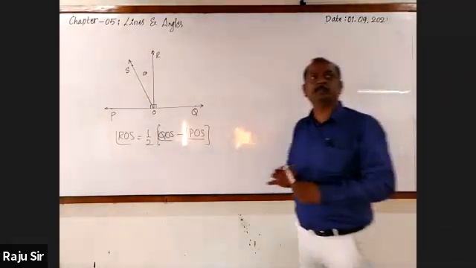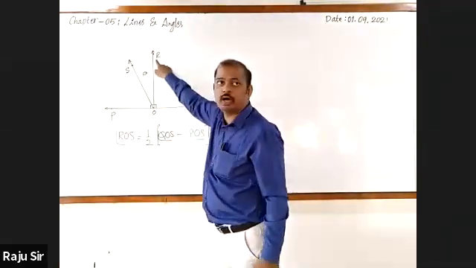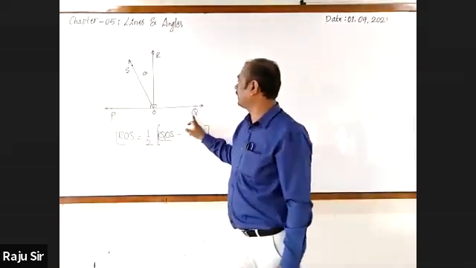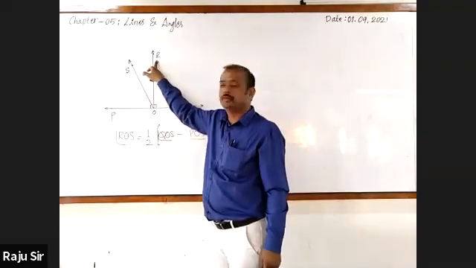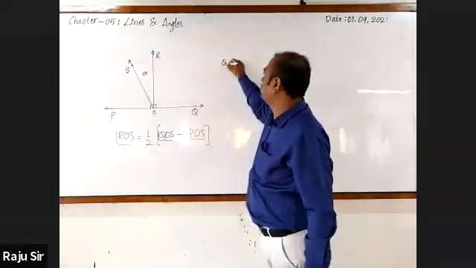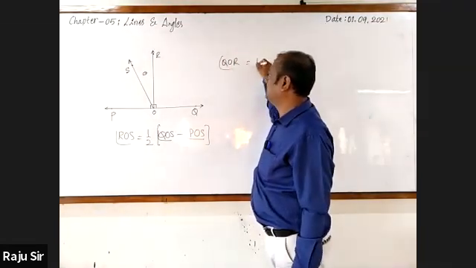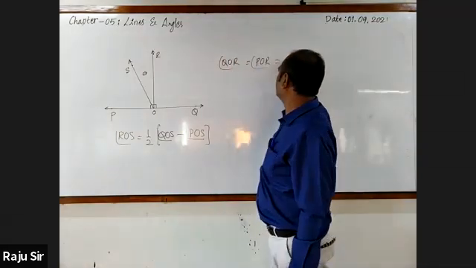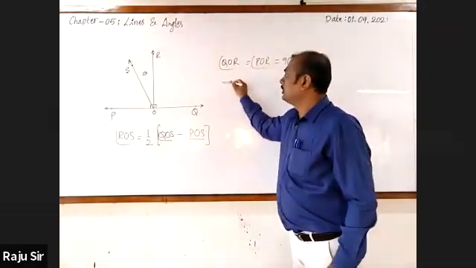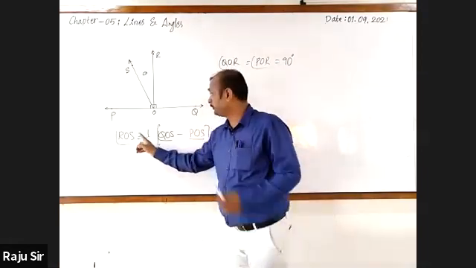This is very simple. As OR is perpendicular to PQ, what is the measurement of angle QOR? POR? 90 degrees. So QOR is 90 degrees. Even POR is equal to 90 degrees. Observe the statement to be proved.